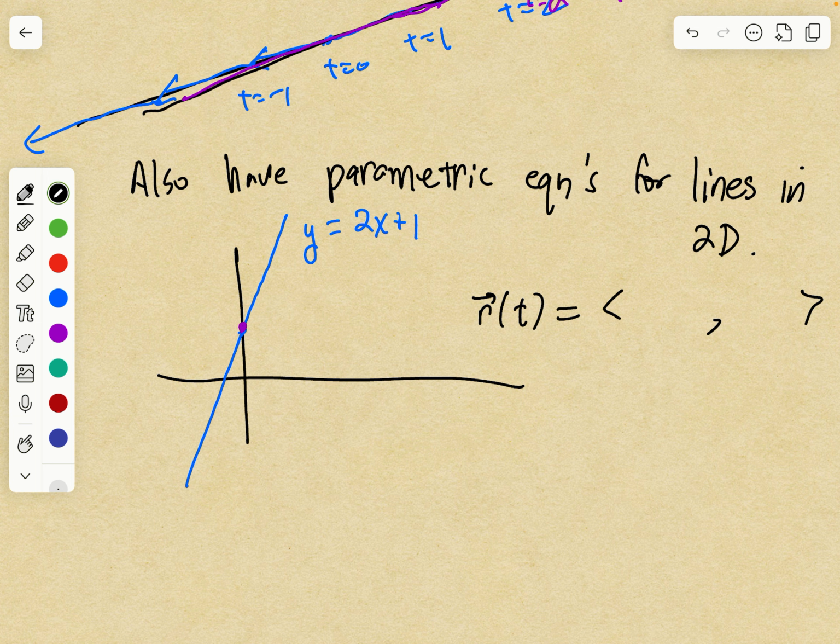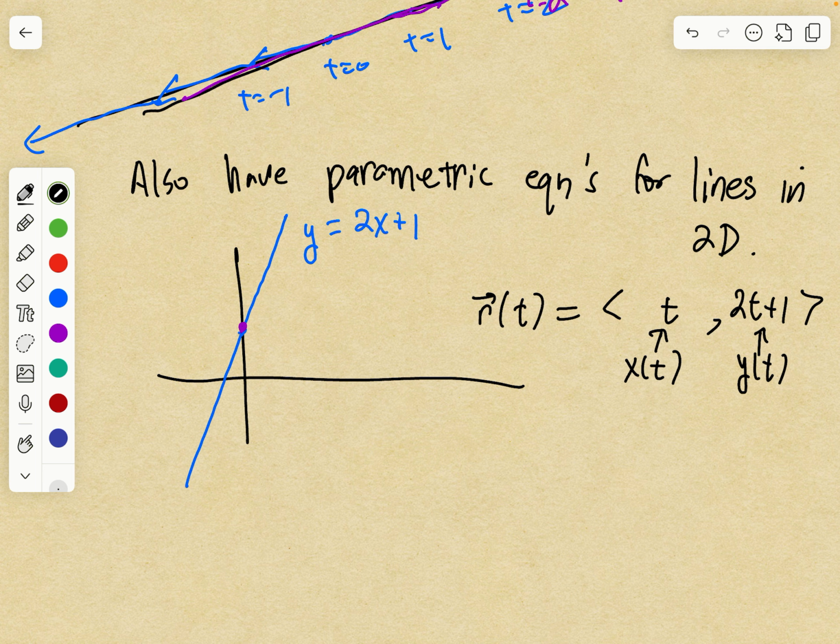And one thing you can do is make x of t just equal t. So x of t can just be t. And then your y equals 2x plus 1. Well, if x is equal to t, then your y will be 2t plus 1. That's y of t, that's x of t. And do you see what's going to happen when you do that?